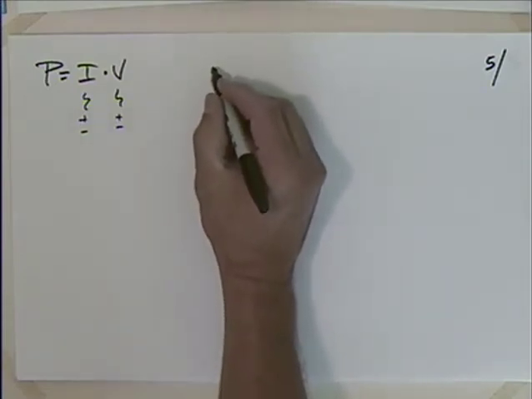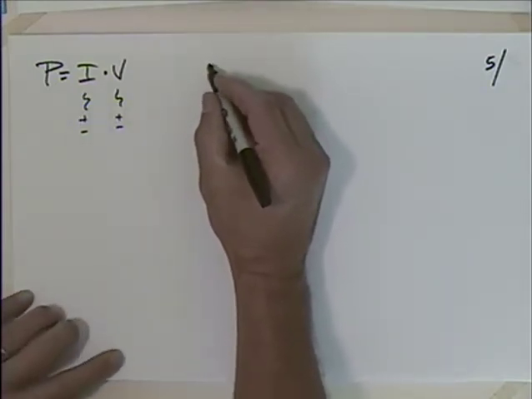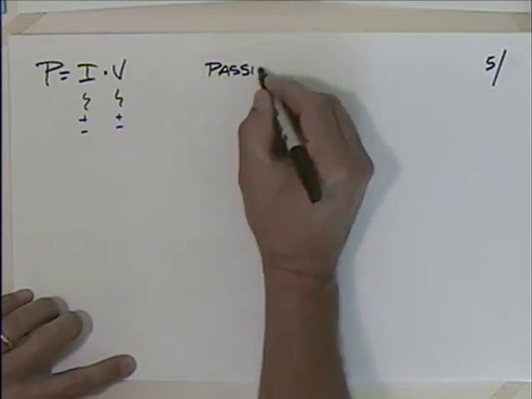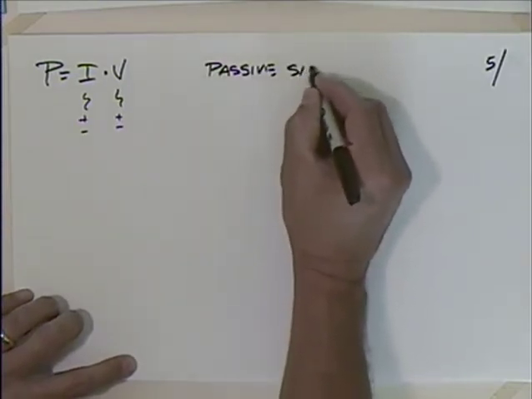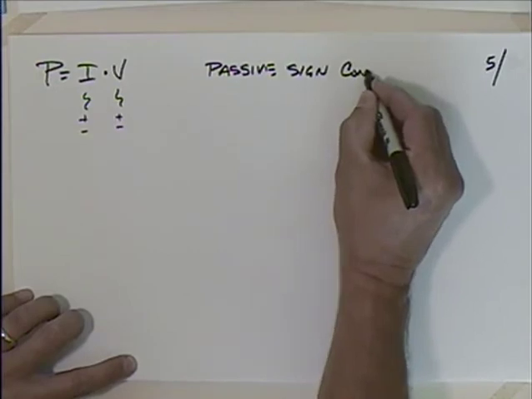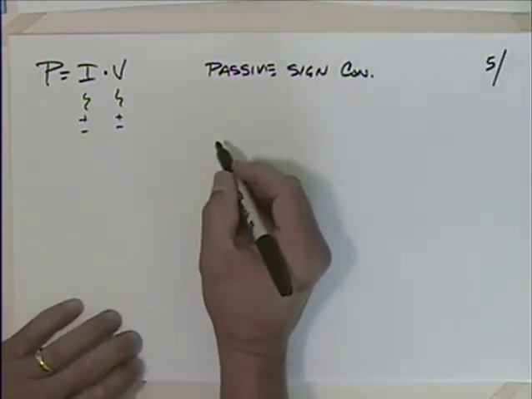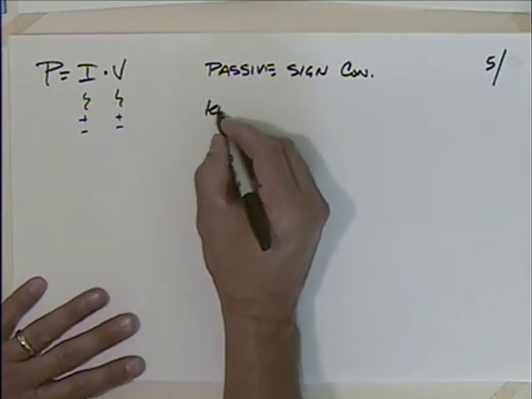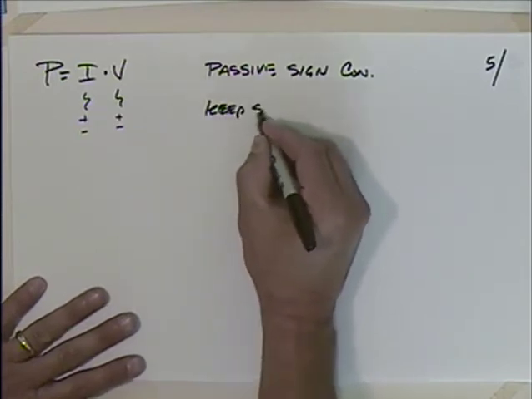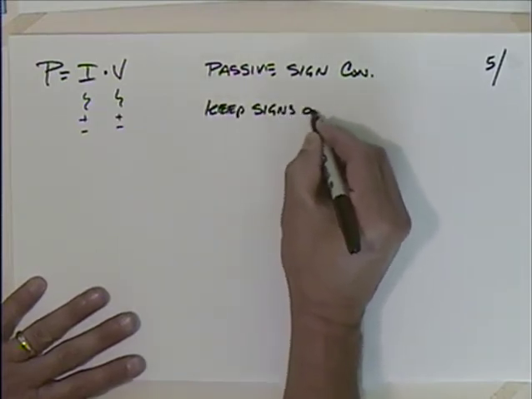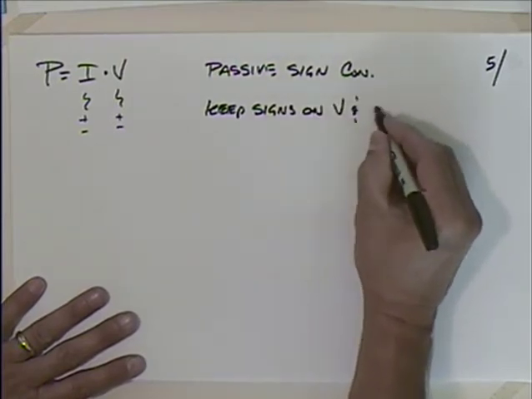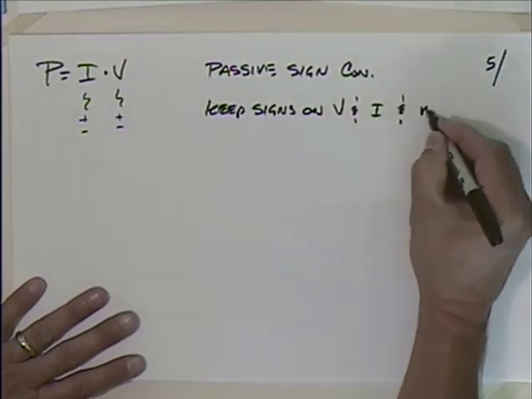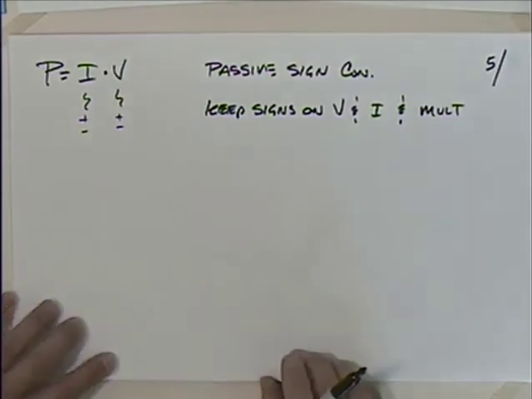So what we use here is the passive sign convention. The passive sign convention is just to keep the signs on V and I and multiply.